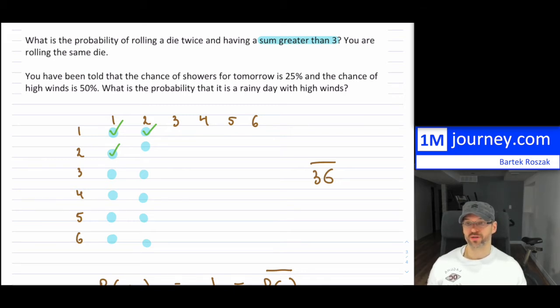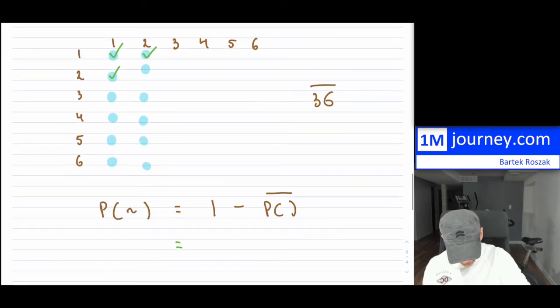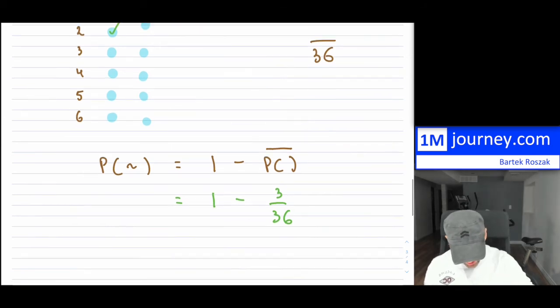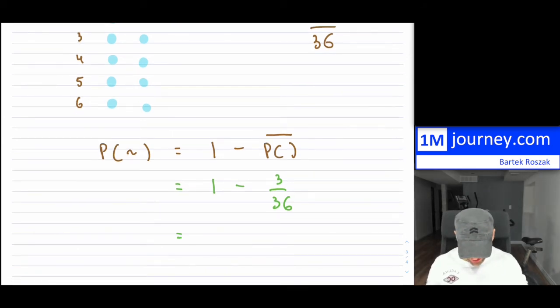If you roll a 1 and a 3, that's already a 4, and so on. So here you only have 3 possibilities out of the 36 that are not greater than 3. This becomes a lot simpler, because the answer is 33 out of 36.